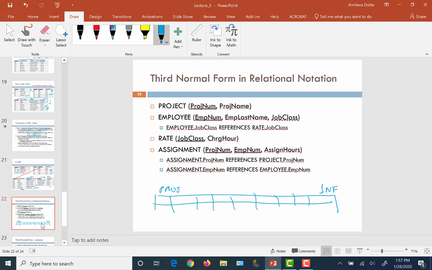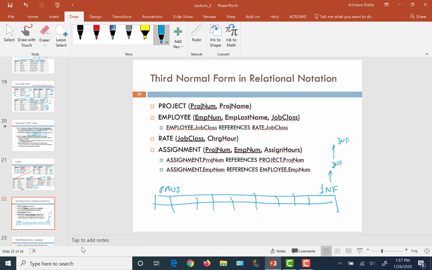And then we said, okay, this table has insert, update, and delete anomalies, and we progressively started splitting the table to get better and better tables which don't have any anomalies. So we went from first normal form to second normal form, and then to third normal form.